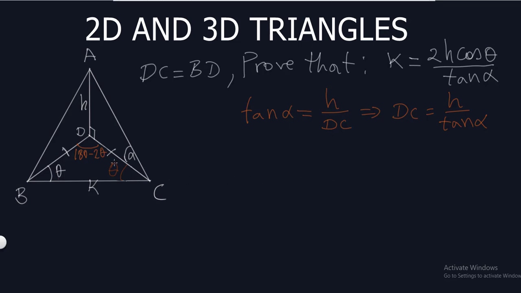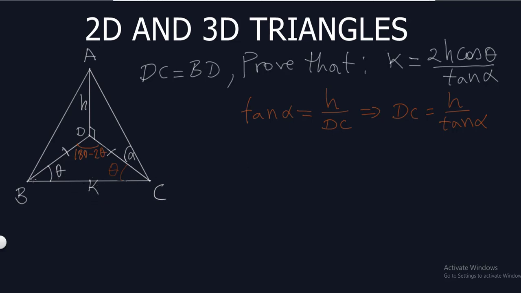Now let's use this triangle to find the K. We can use the cosine rule. Let's start with the cosine rule, then we'll do the sine rule.